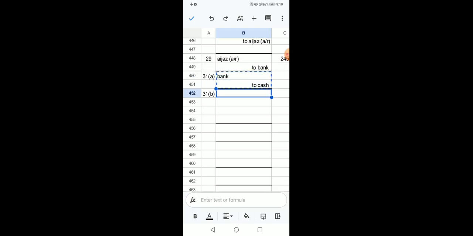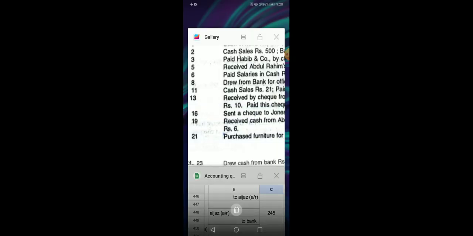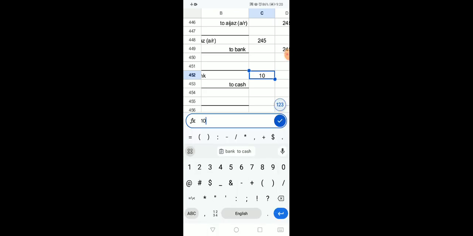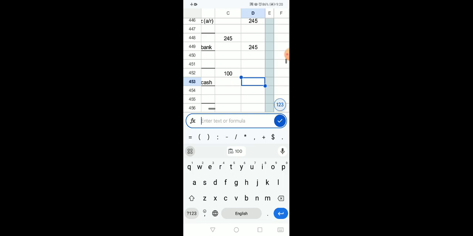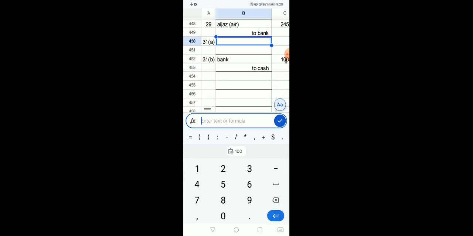We will pick this entry and write it over here, and 31st A was different, but we will complete 31st B right now. 31st B's amount is 100 rupees. So you are going to write 100 rupees on the debit side, and the same amount you are supposed to write on the credit side. Here 31st B is completed.